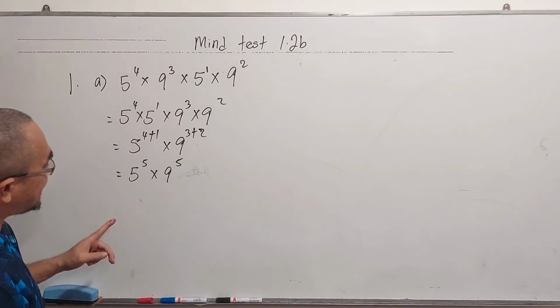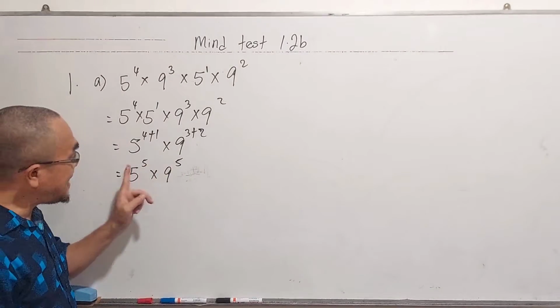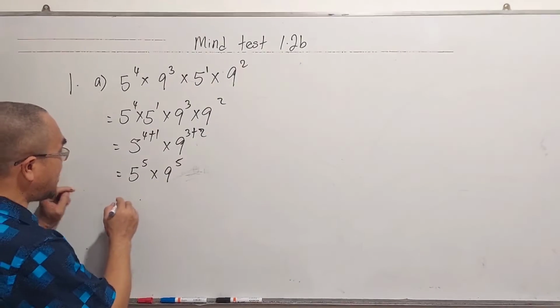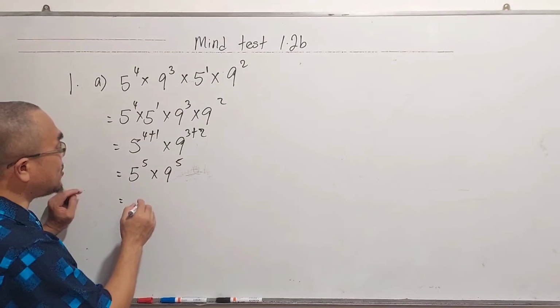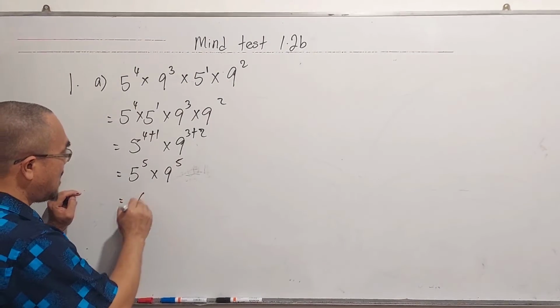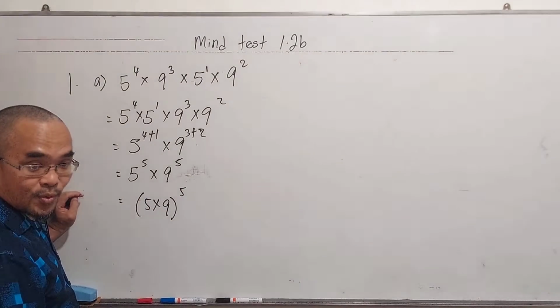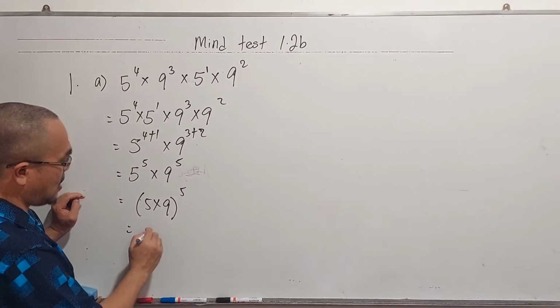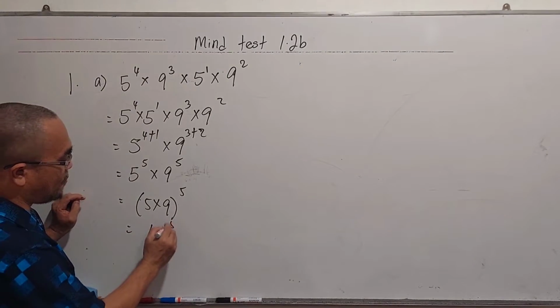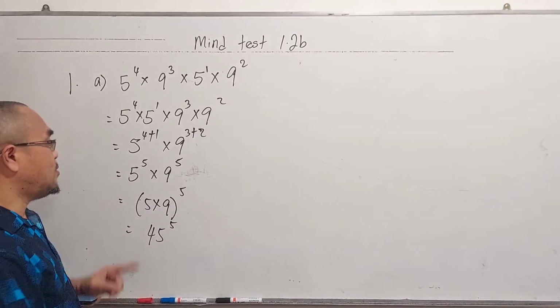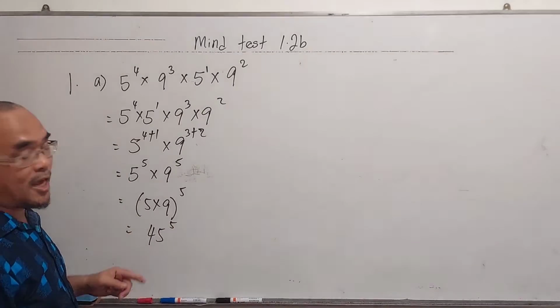And then, since the indices are the same, there is another rule. You could write this as 5 times 9 to the power of 5 also. So, okay, 45 to the power of 5. It could be like this or like this, whichever.